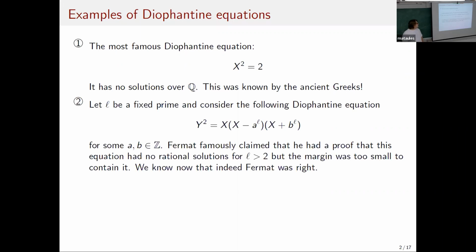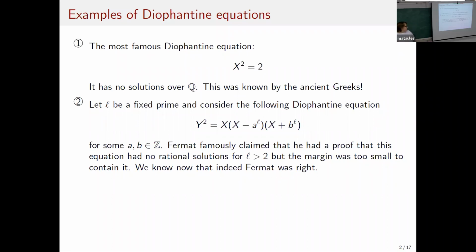Another kind of equation is, we fix a prime p, and then we consider this equation, y squared equals x times (x minus a^p) times (x plus b^p), for some integers a and b. Fermat, in the 17th century, said that this equation did not have rational solutions, and he had a very nice proof that the margin was too small to contain.